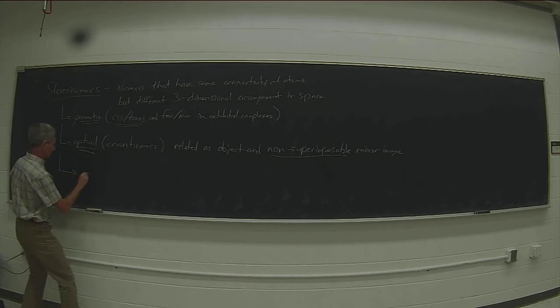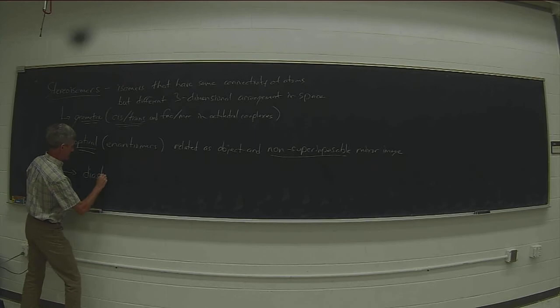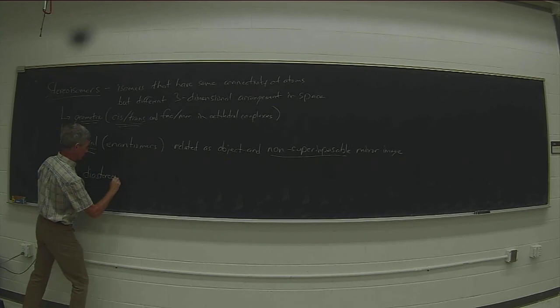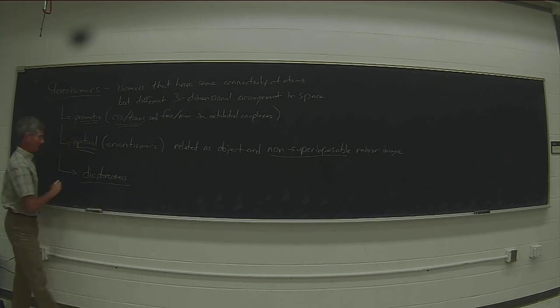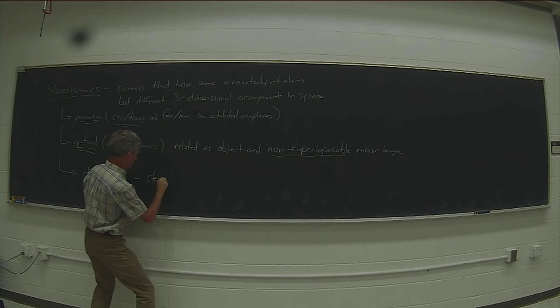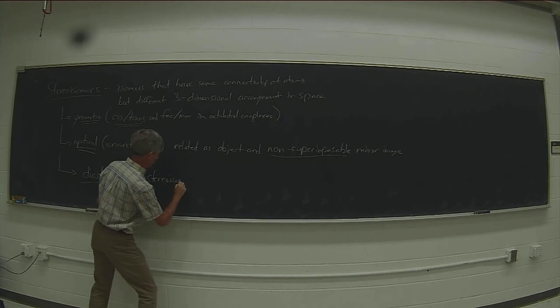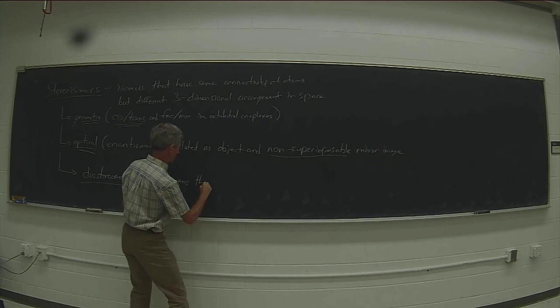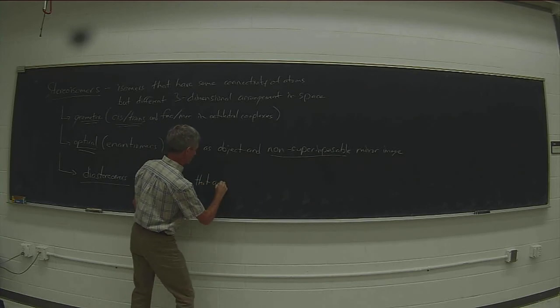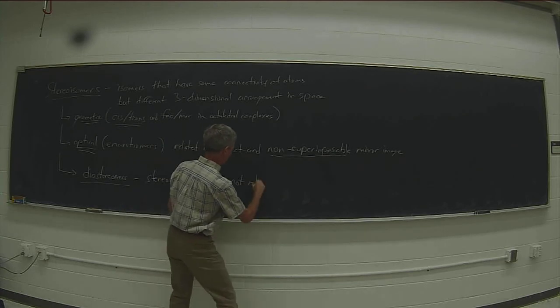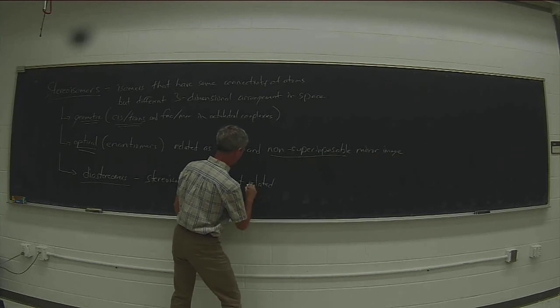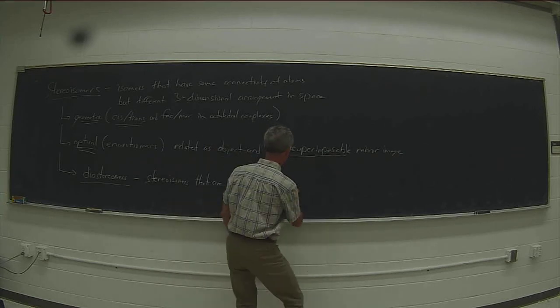And we have another term, diastereomers. These are stereoisomers that are not related as object and mirror image.